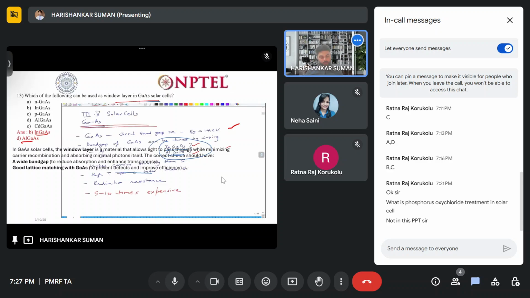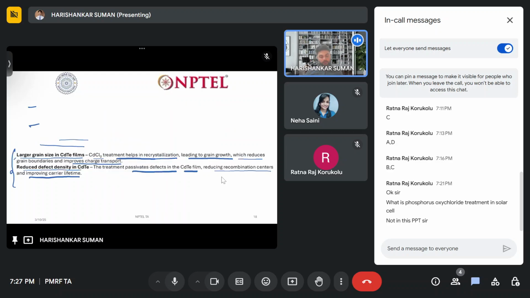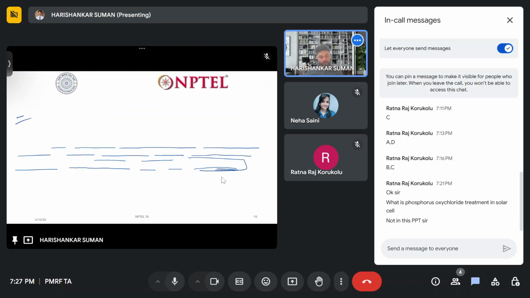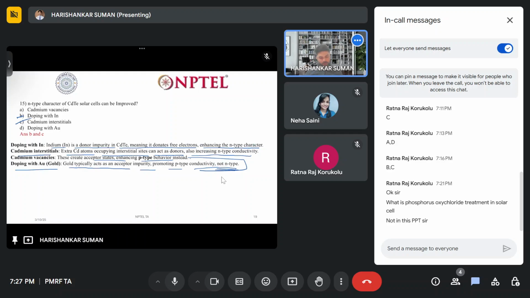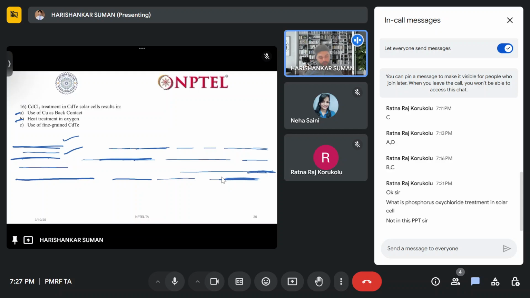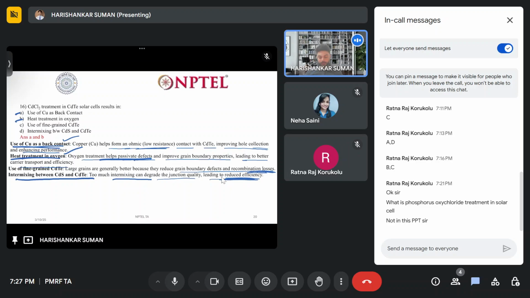Okay, and cadmium chloride treatment for larger grains and reduced defect density. Next, n-type characteristic dopant with aluminum and cadmium interstitial. And this is the last question, and then I will come to your doubt.